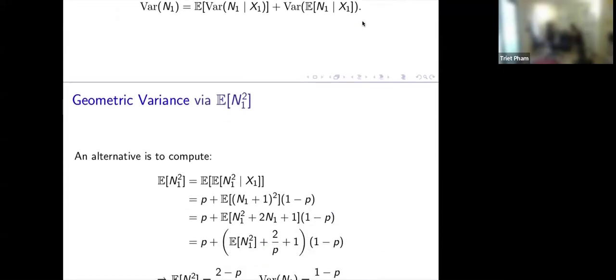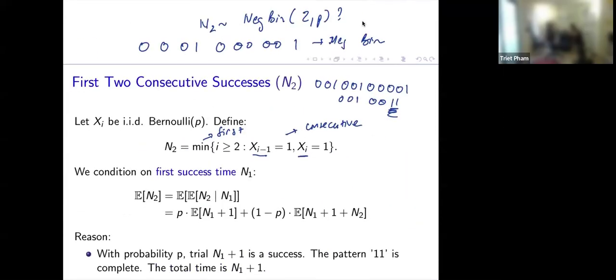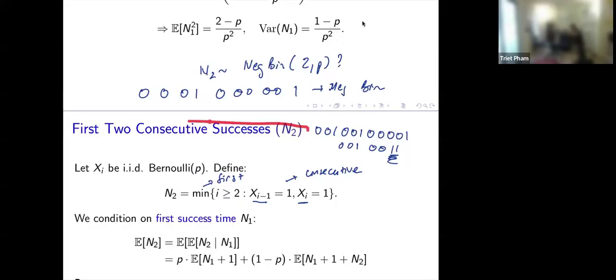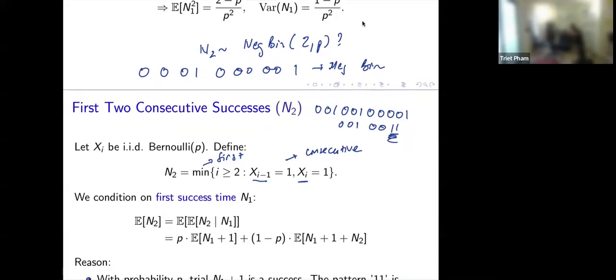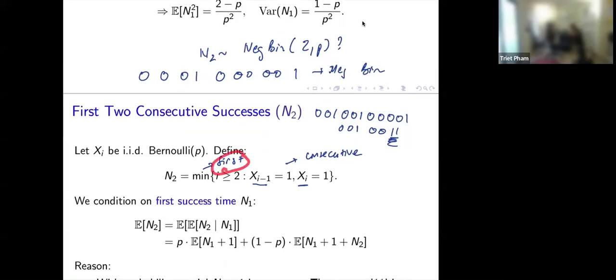Now we can generalize that, or continue the search. If we have the time to the first success, how about the time to the first consecutive successes? Again, here you have to carefully understand the context of the problem.